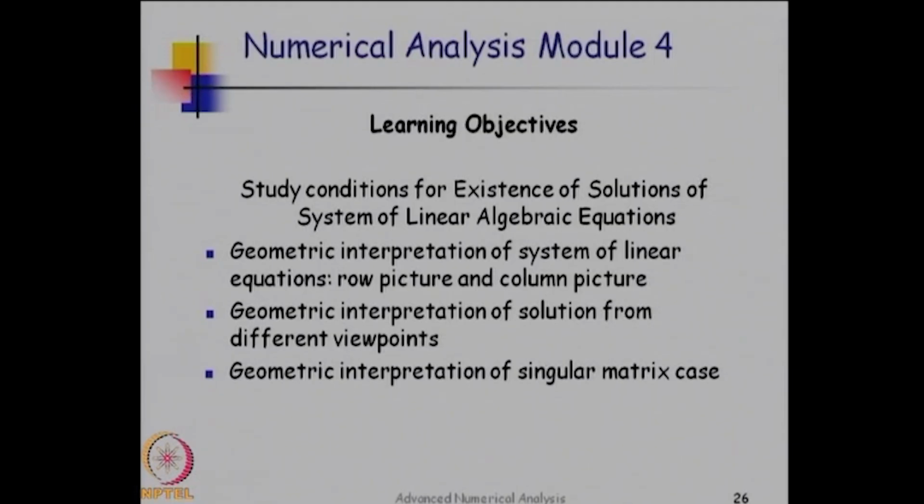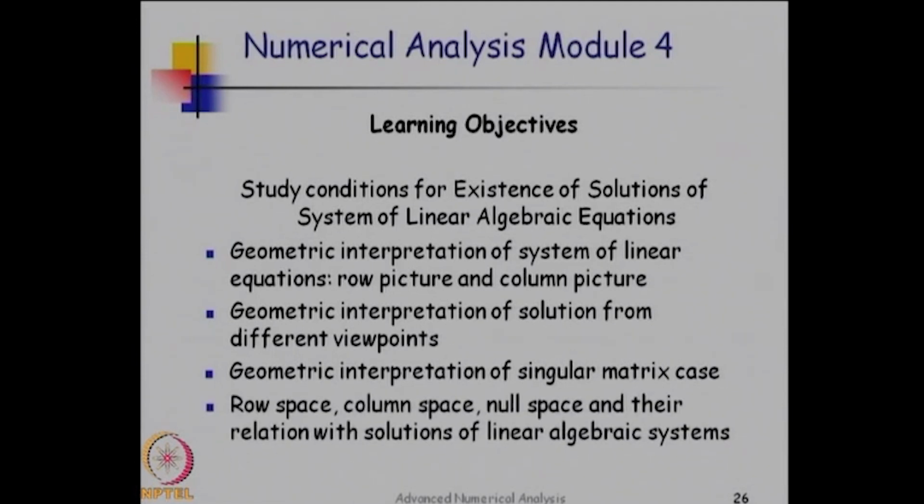We'll interpret what is the meaning of a singular matrix geometrically, and here essentially in the beginning we'll just have some understanding of four fundamental subspaces associated with a matrix: row space, column space, null space, and left null space.